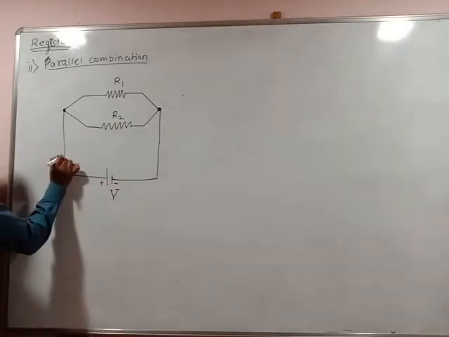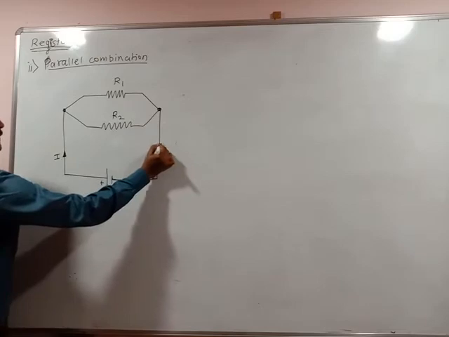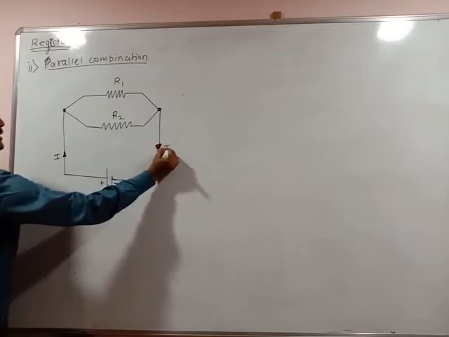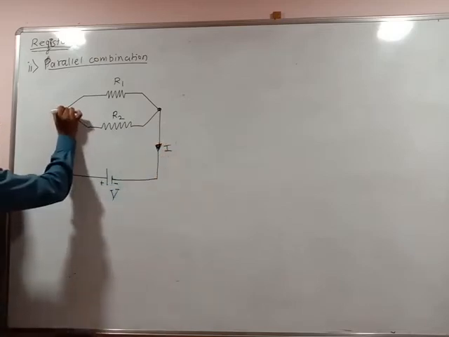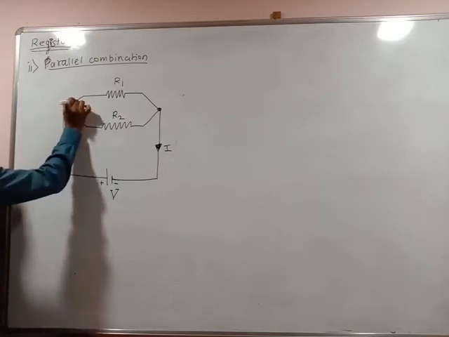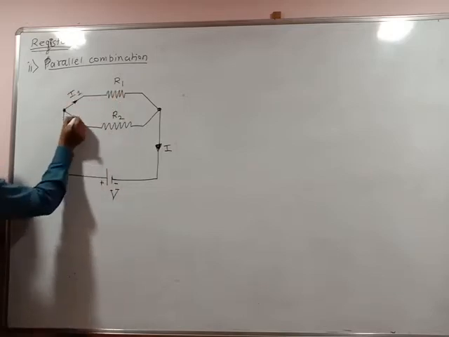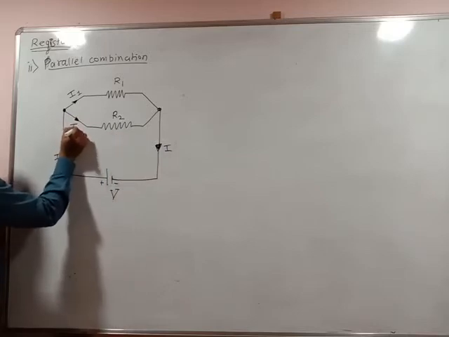This voltage produces current across the circuit, I. When this current I reaches this point, the current splits into two individual values. Here the current passing through R1 is said to be I1, and the current passing through the second resistance is said to be I2.